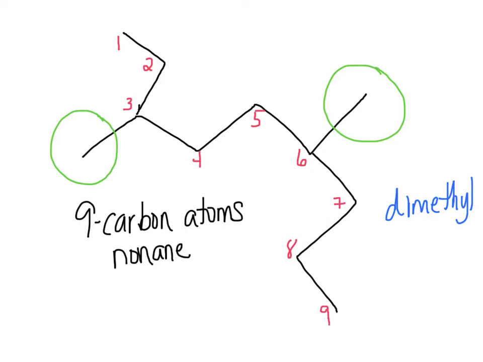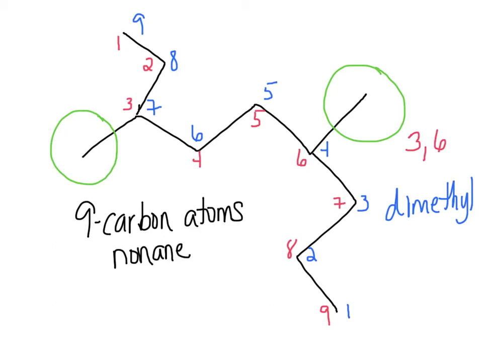Then I go back and count the other direction. 1, 2, 3, 4, 5, 6, 7, 8, and 9. If I look at my red numbers, what I see is that I have a substituent group on carbon 3 and carbon 6. I have my 2 methyl groups.